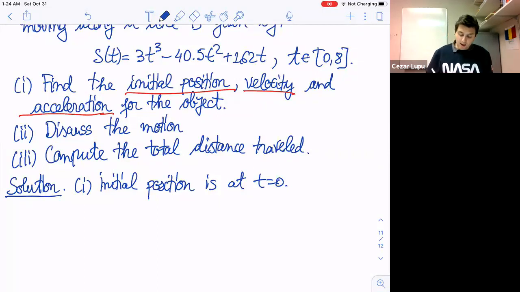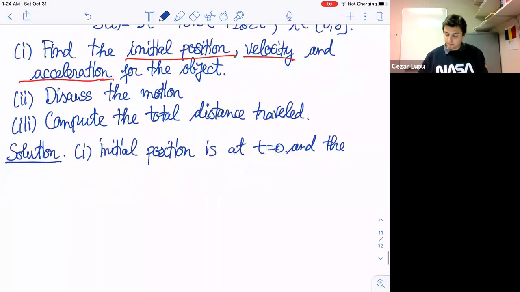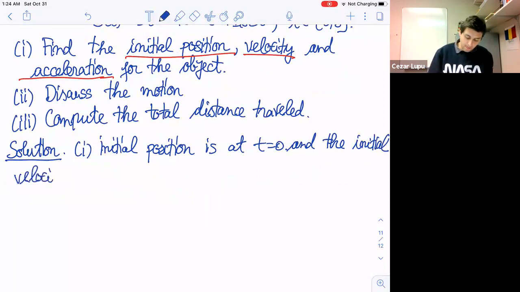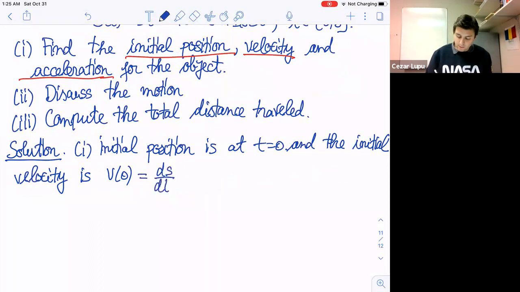And the initial velocity is v of 0, which is the derivative of s with respect to t when t equals 0. So it's s prime of 0.